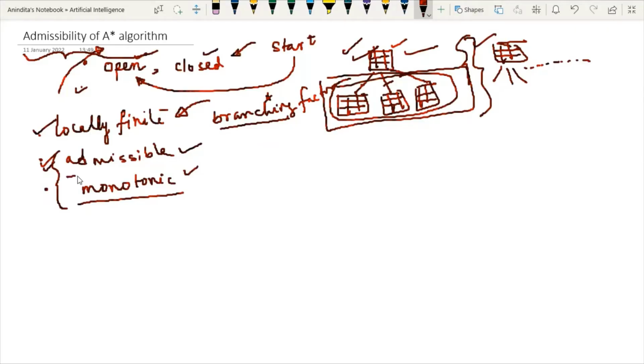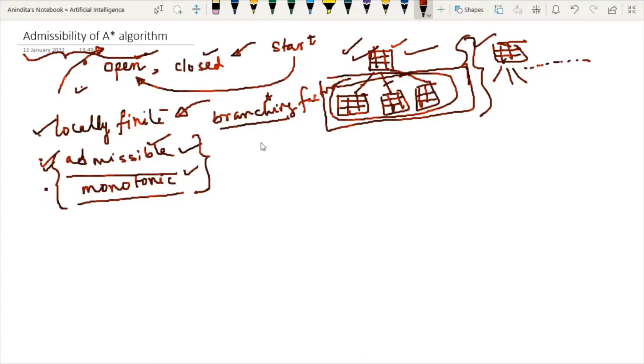And I have already discussed that admissibility means a heuristic is admissible if it is always optimistic, meaning it either underestimates the path cost to the goal or provides a correct estimate of the path cost to the goal. So try to understand how admissibility is defined. It is totally defined on the path cost and how we have estimated the path cost.